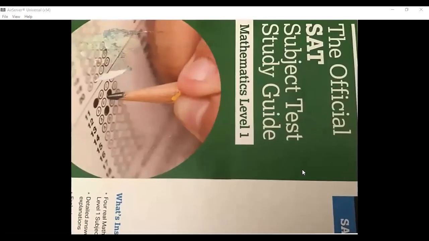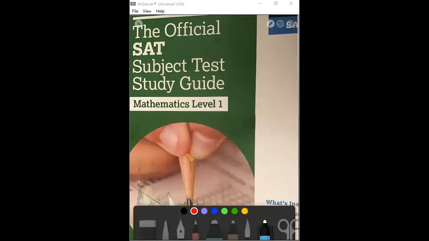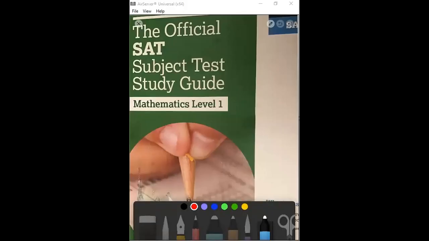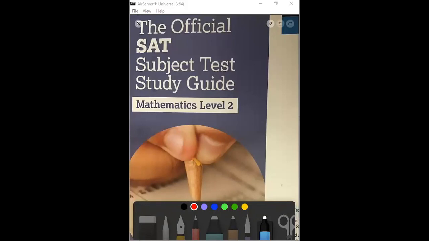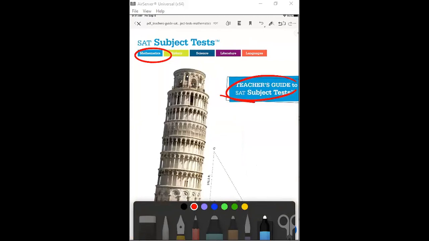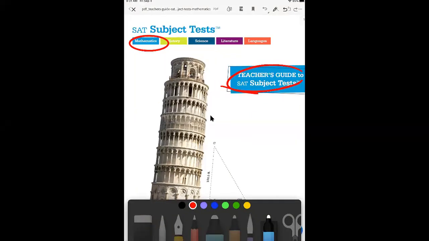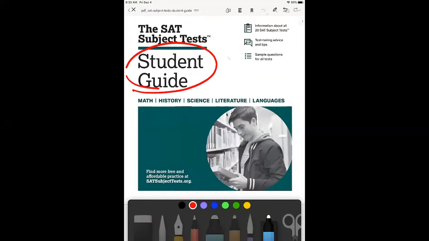So first thing, I want to go through this again. Essentially, I took the problems from the official subject test study guide for Math Level 1. I also used the Math Level 2 study guide. I also used the teacher's guide. I pulled a few questions from there, and then I also used the SAT subject student guide.